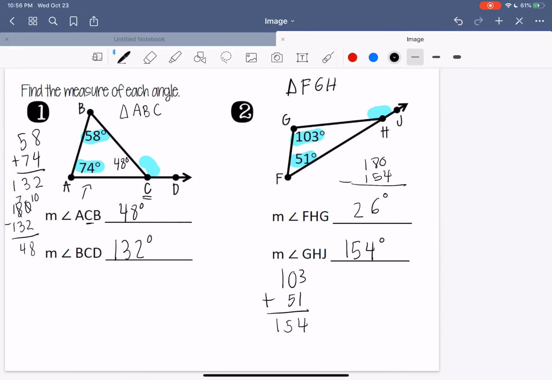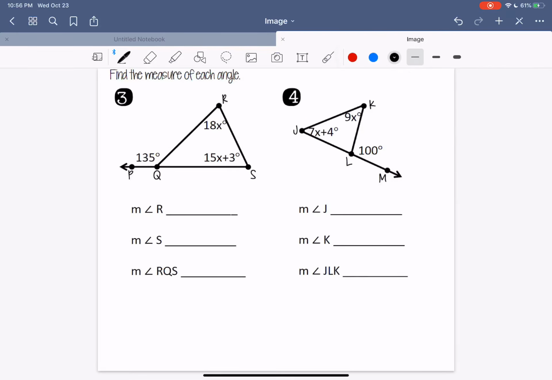All right. And our last two examples, take a deep breath and we can get through it. So we're doing the same thing. Don't just shut down because you see some variables. On this one, we're given the exterior angle here.